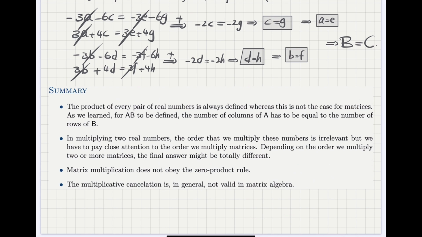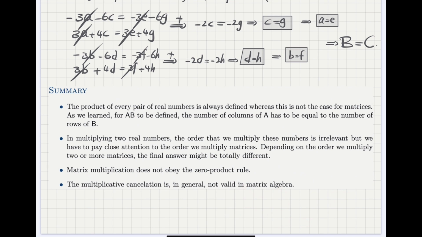And finally, the last difference is that in numbers, if I have AB equals AC, and I know that A is not the zero number, I am allowed to cancel this A from both sides by dividing both sides by A and conclude that B is equal to C. And this is called the multiplicative cancellation law.